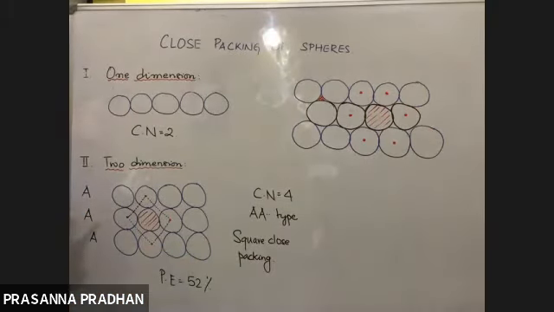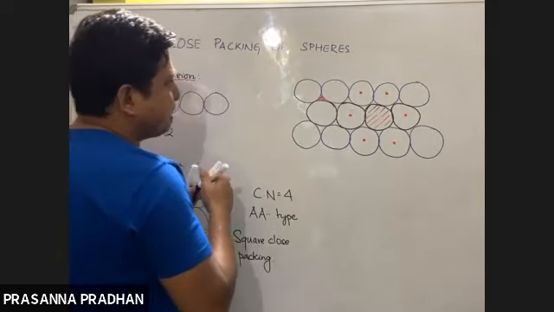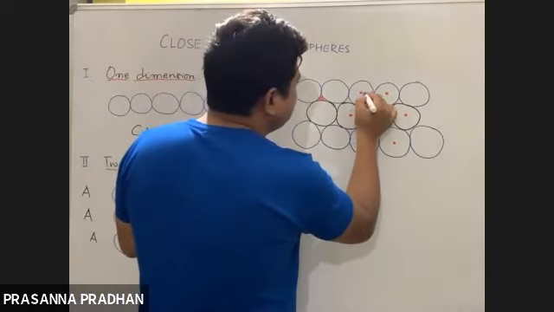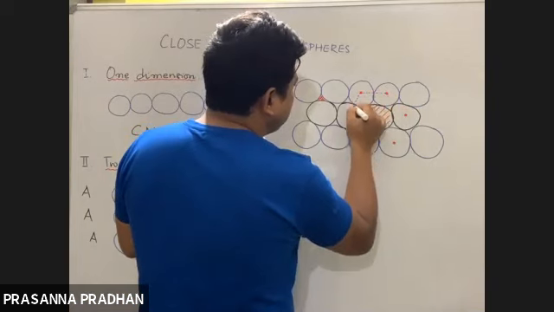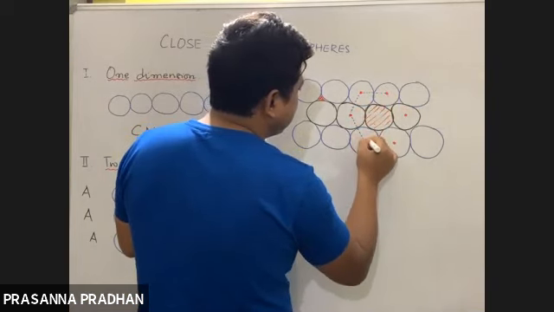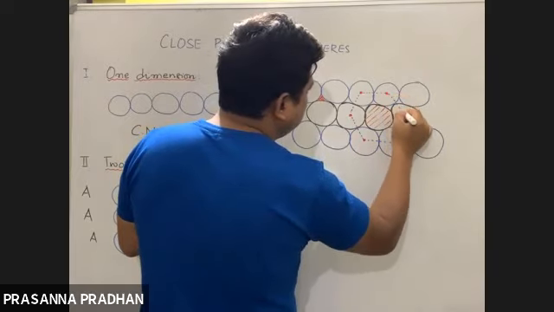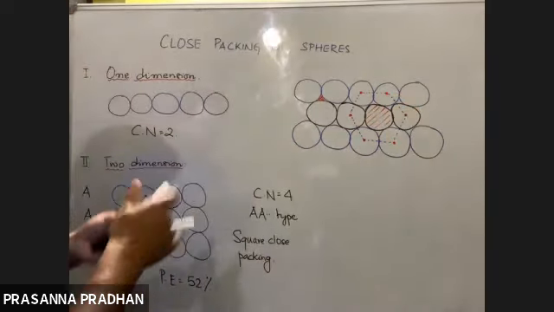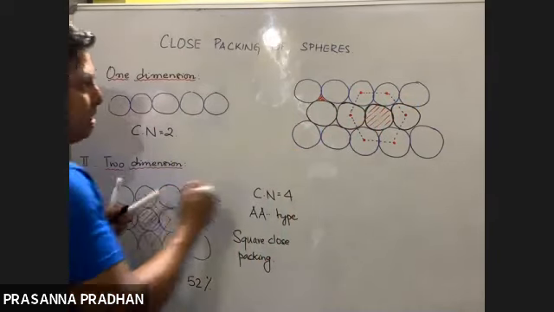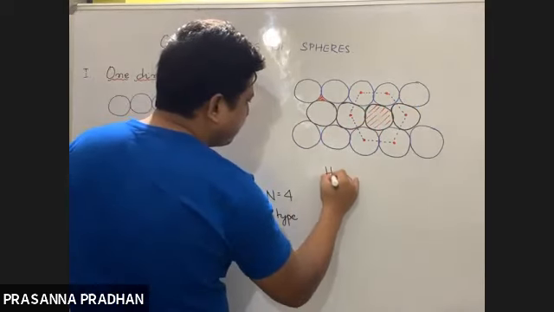Now, if you join the centers of the 6 spheres, so join them. Hexagonal. What should come? Hexagonal. So this is known as a hexagonal close packing in 2 dimension.